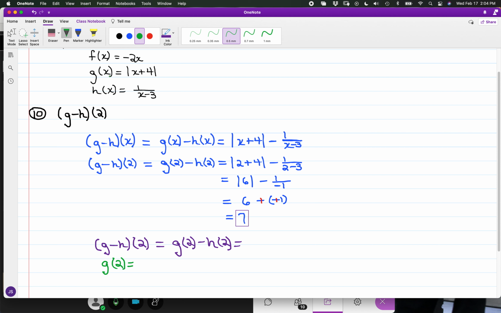Now g of 2 is going to be the absolute value of 2 plus 4, which is the absolute value of 6, which is 6.